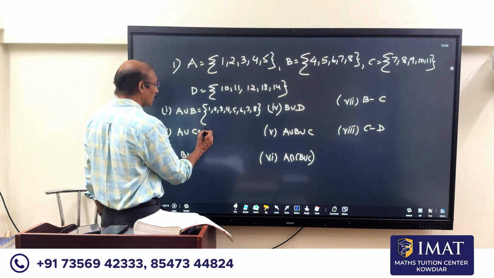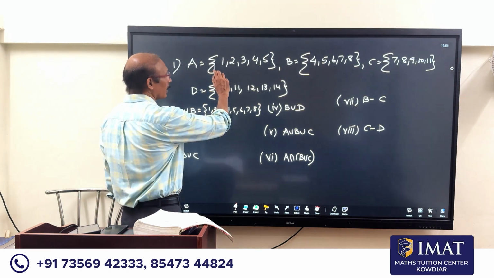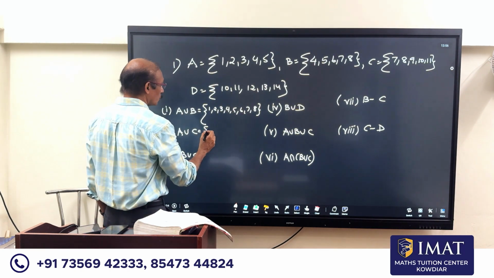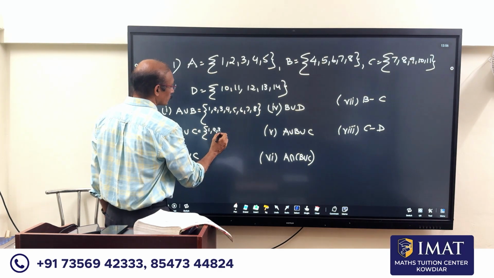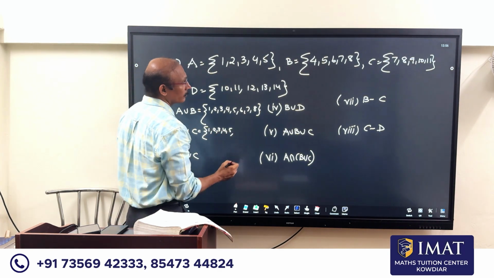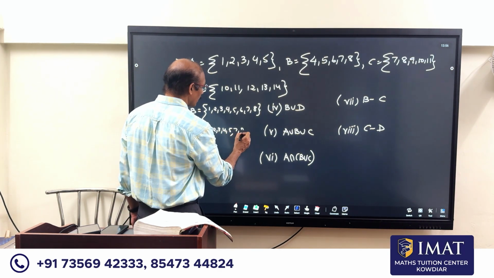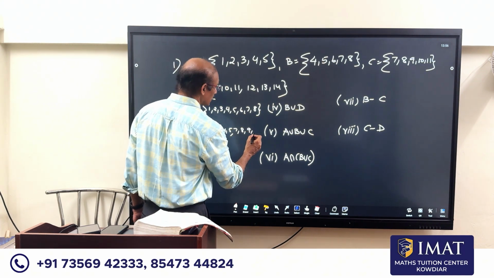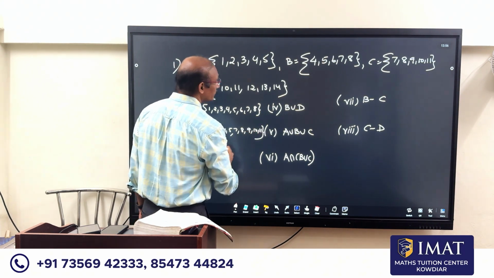Let us see A union C. A with C. So it's 1, 2, 3, 4, 5, 7, 8, 9, 10, 11.